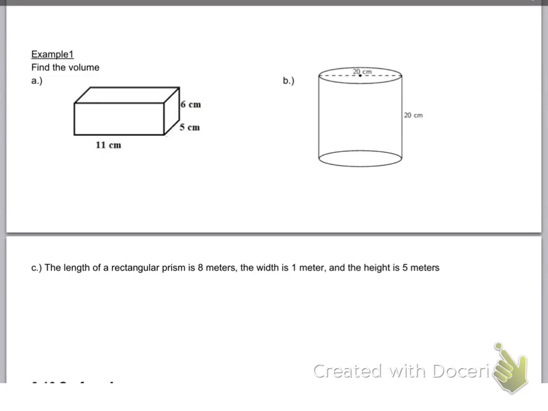So, let's get some examples here. What is the volume of that box? How do we figure that out? The formula for the volume of a rectangular prism, remember, is area of base times its height.